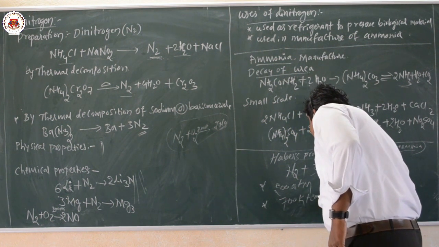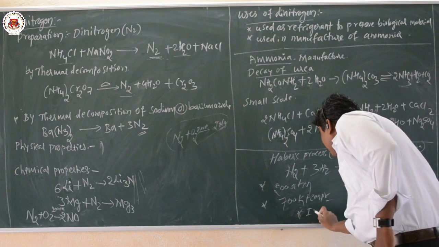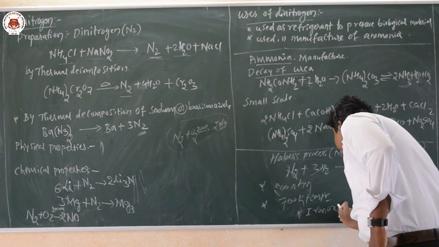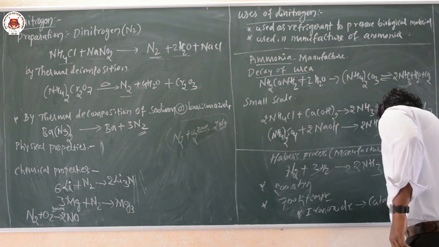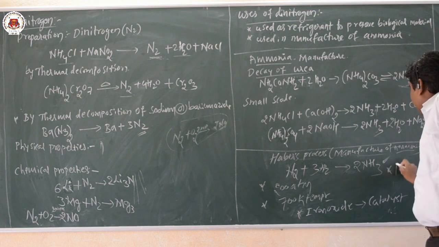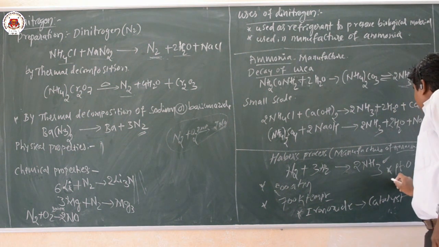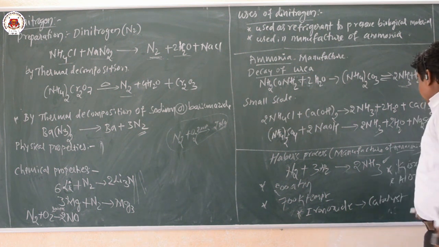And iron oxide is used as a catalyst, and potassium oxide and aluminum oxide. So these are the activators.